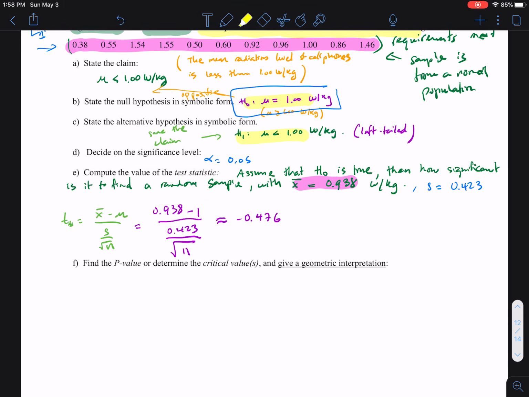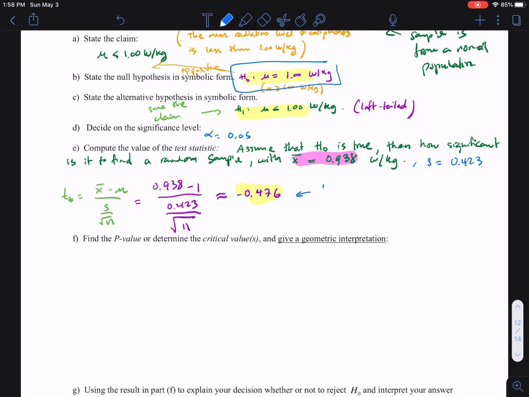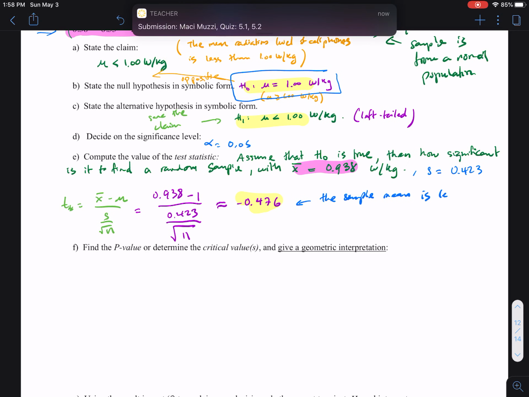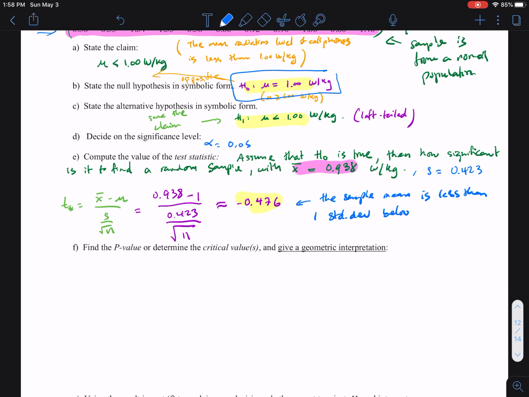What this number means is that the sample mean that we drew, under the assumption that the null is true, is less than 1 standard deviation below the claim value. The claim value is the mean there.